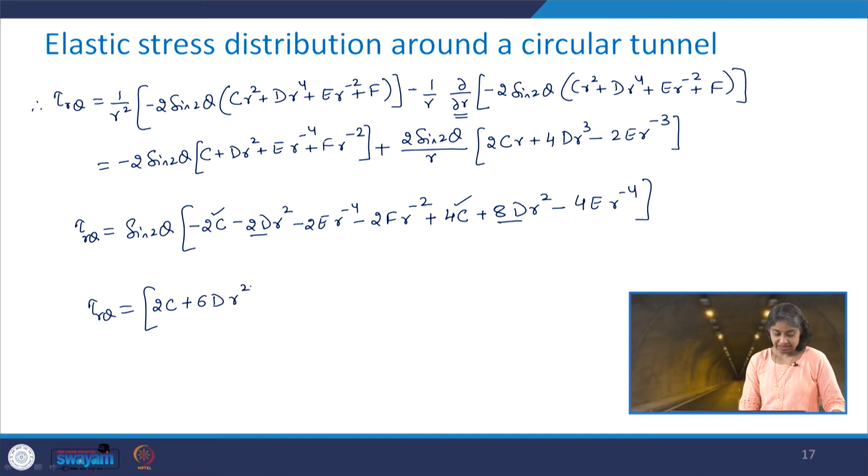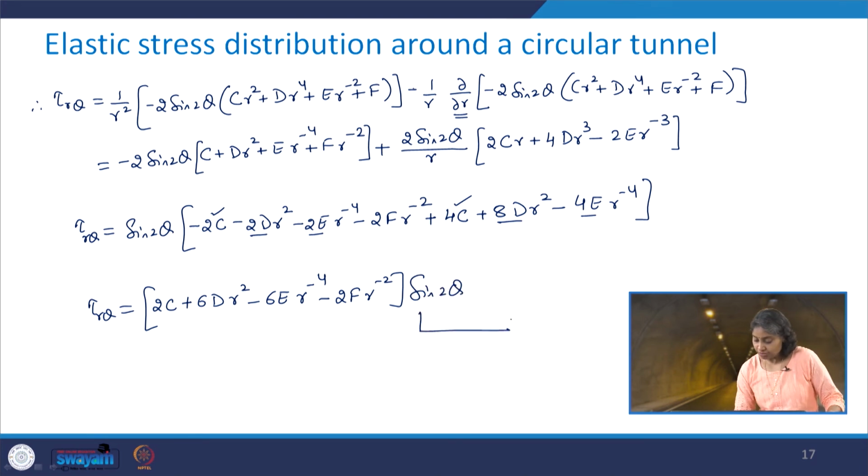Then let us collect the terms of r to the power minus 4. This is minus 2e and minus 4e, so that will make it minus 6e r to the power minus 4, and this is going to be minus 2f r to the power minus 2 sine of 2 theta. Now, make this equation number 9c.